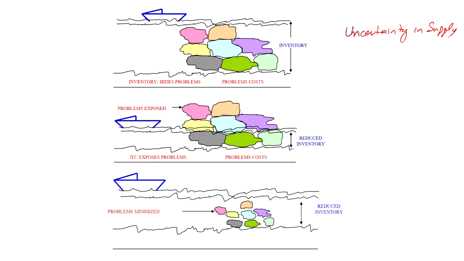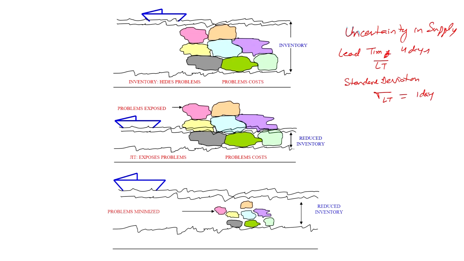In our inventory models, we said that the mean lead time is 4 days and the standard deviation, sigma lead time, is 1 day.